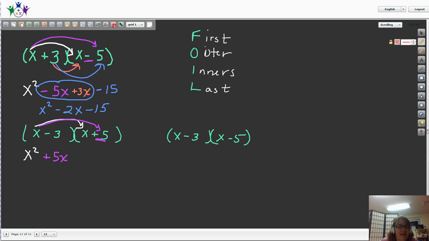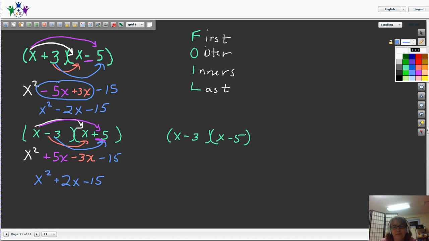Then negative 3 times x gives us negative 3x. And negative 3 times negative 5, there's one negative, so it will be a negative. That gives us x squared plus 2x minus 15.